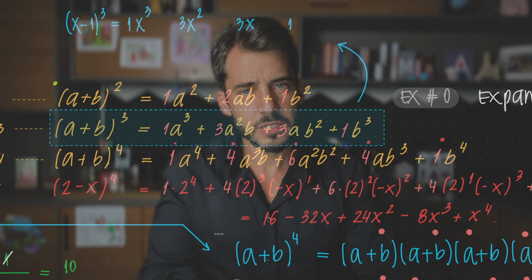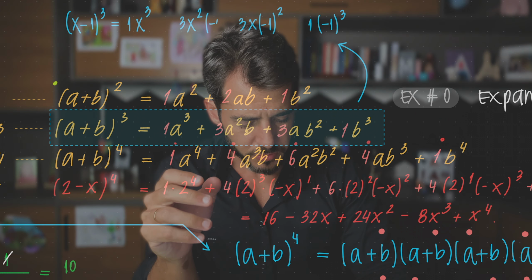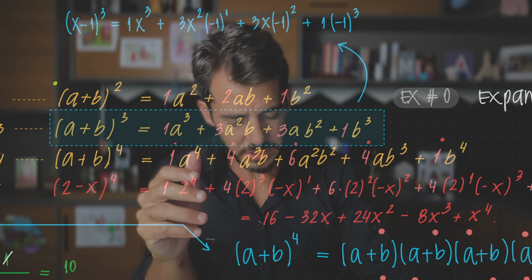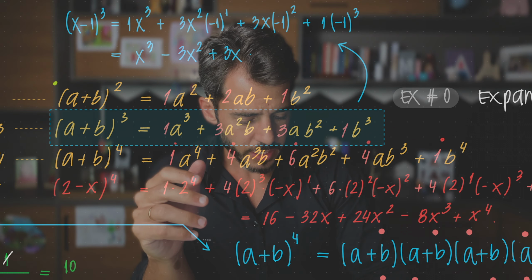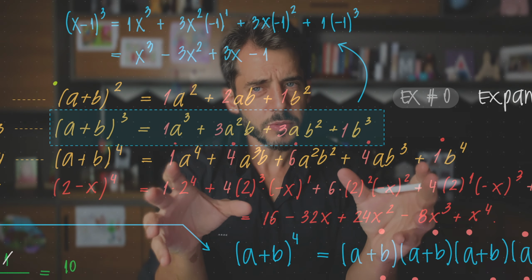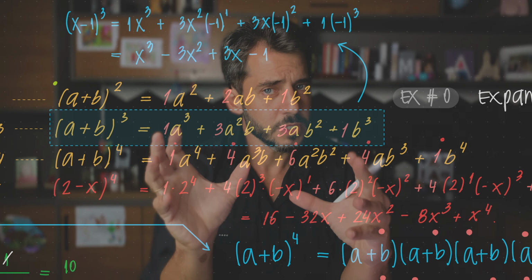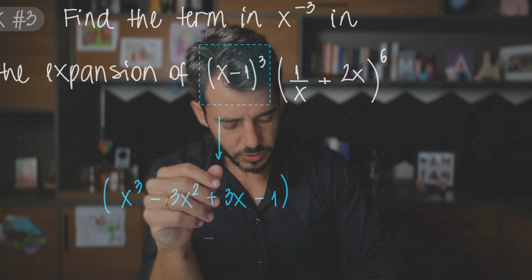And we have negative 1 cubed, squared, now from right to left, to the first, and to the 0th power. Therefore, this whole expansion can be simplified to x cubed minus 3x squared plus 3x minus 1. Now, this is for me to say that within this exercise, at least one of the binomials will be a simpler one. So let's already replace this x minus 1 cubed by this.